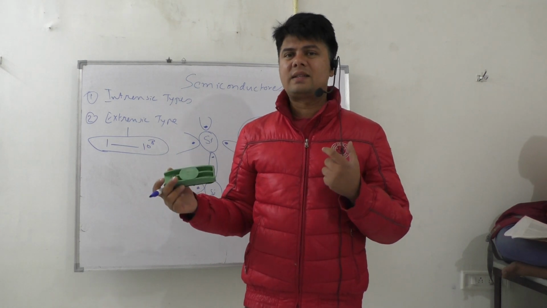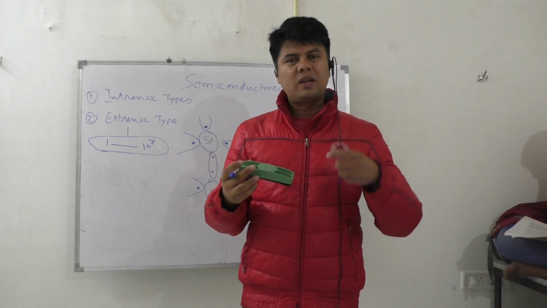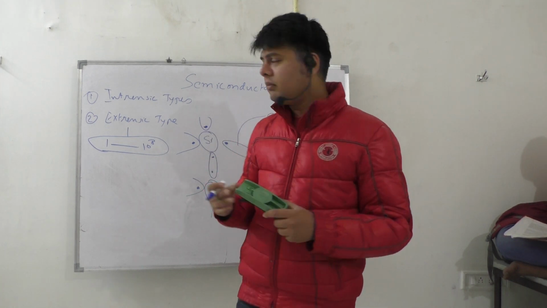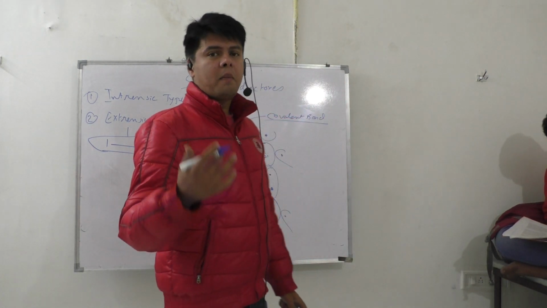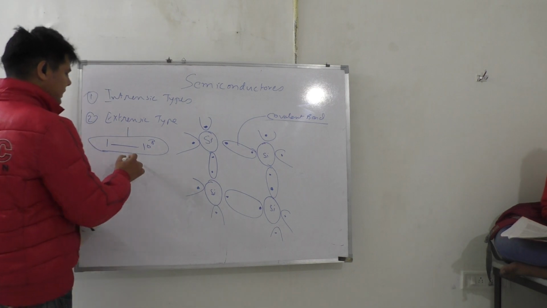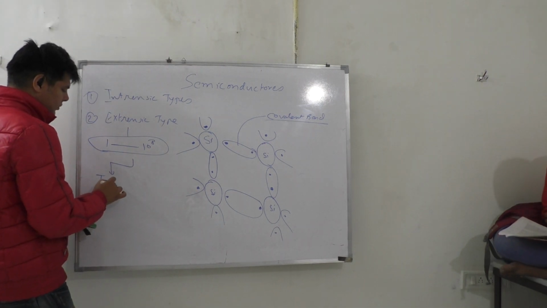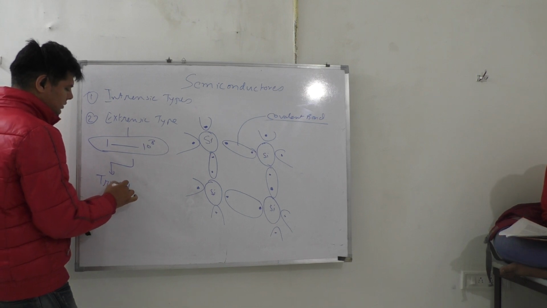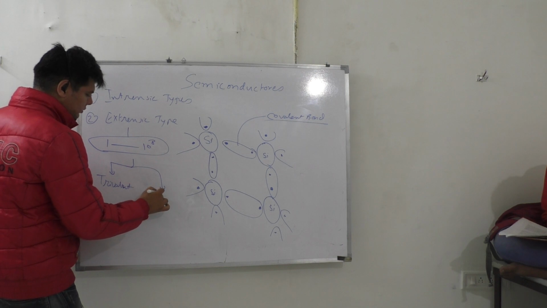But in the extrinsic type, to make it conductive, we add some impurity atoms to the purest form. The impurity atom may be trivalent or pentavalent.